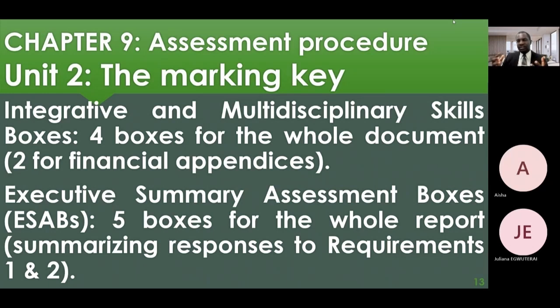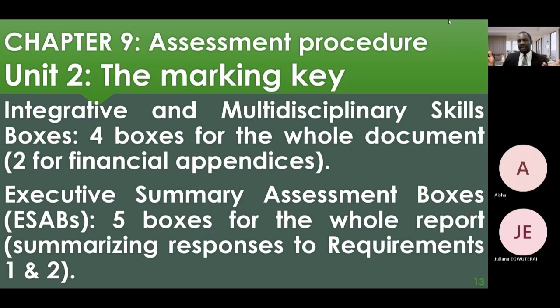So the integrative and multidisciplinary skills: looking at the boxes, 4 of the boxes are integrated for the whole document. Those 4 boxes are the pattern you should understand for the whole document. The first thing is your cover page, even though it's not on the screen, but the most significant item on your paper is your executive summary.